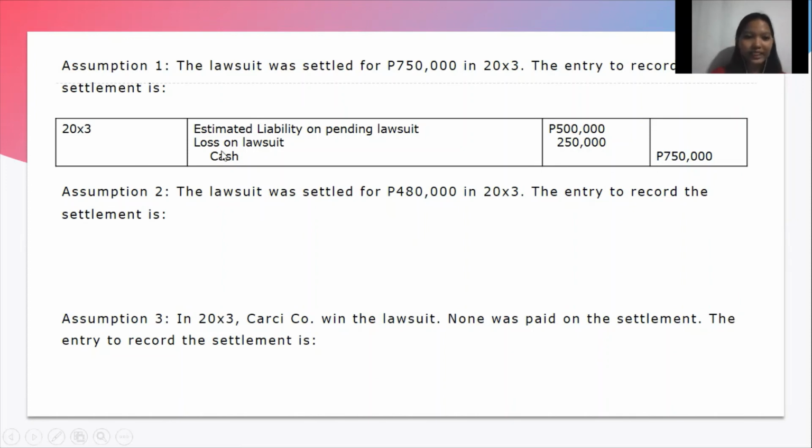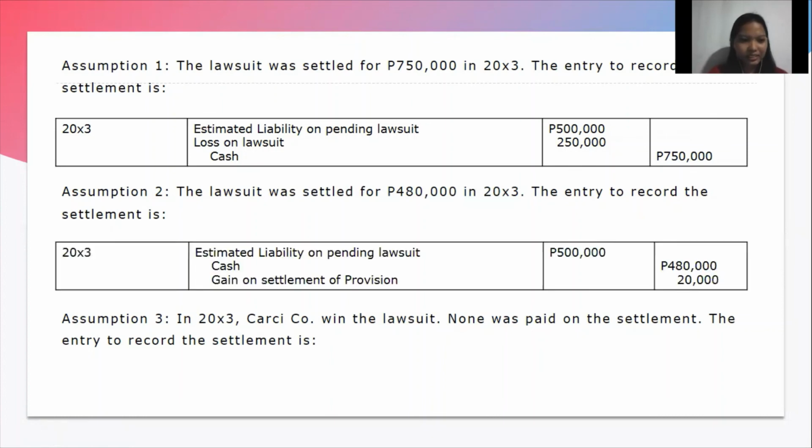And yung credit natin is 750,000 na cash. Since meron tayong difference, yan ay magiging loss and lawsuit natin na 250,000. Since hindi natin na-recognize yan nung 20x2, meron tayong difference na loss na 250,000 na i-recognize.